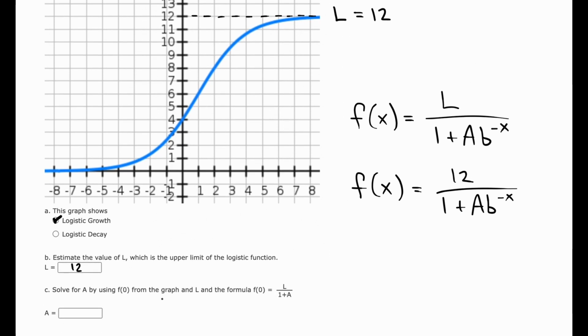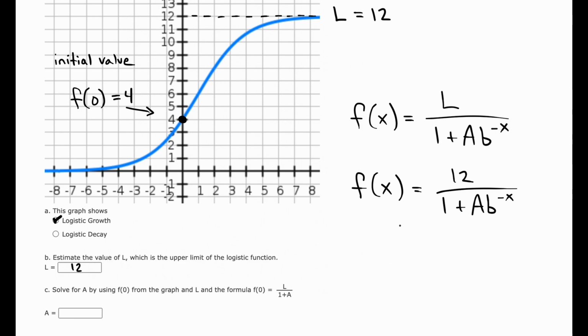Next, we're going to want to find the value of A, and this can be done if we look at the initial value of the function, which occurs here. This will be called f of 0, or the initial value. So f of 0 is clearly 4 here.